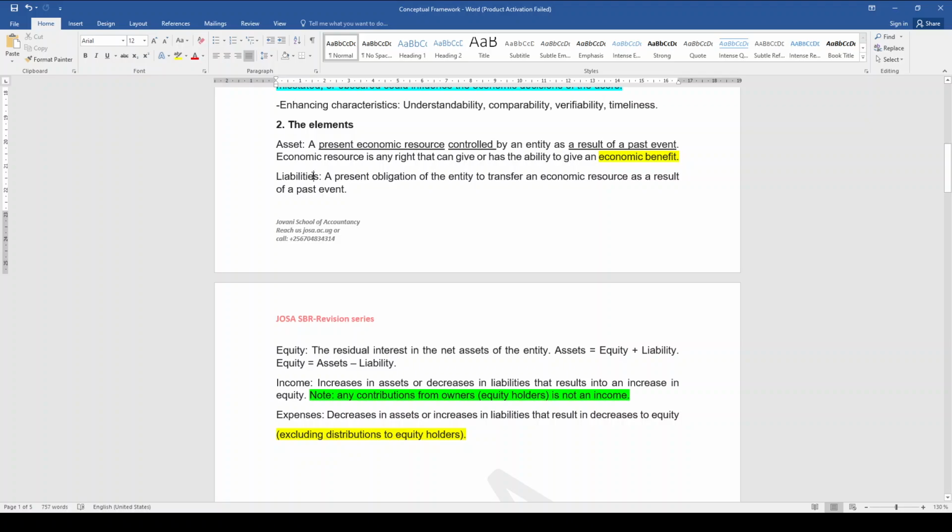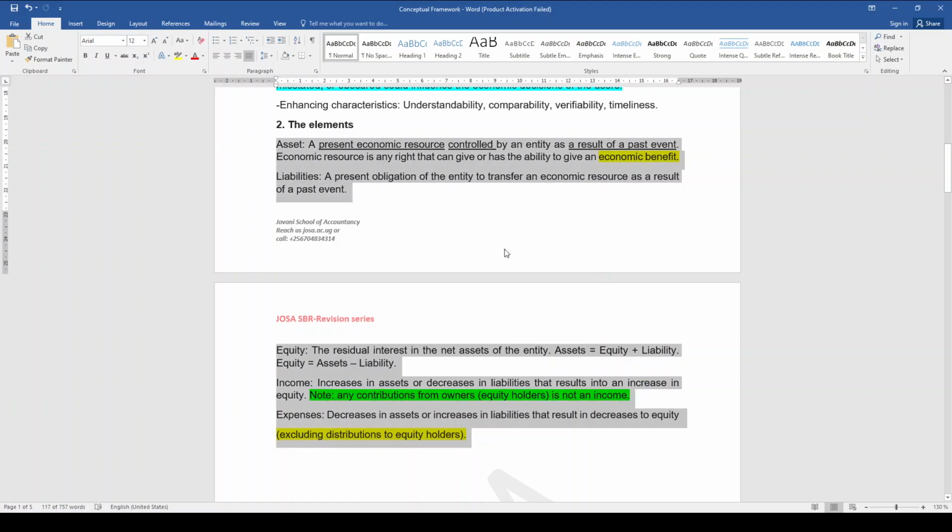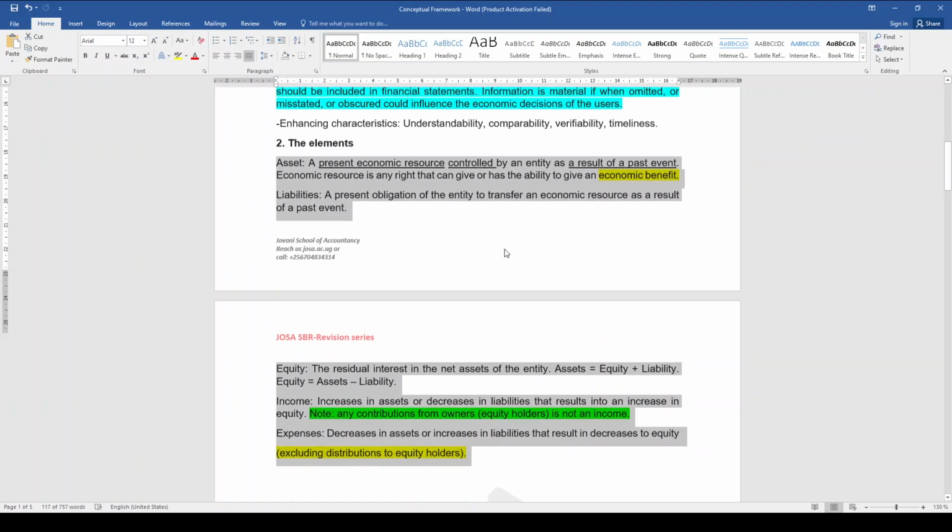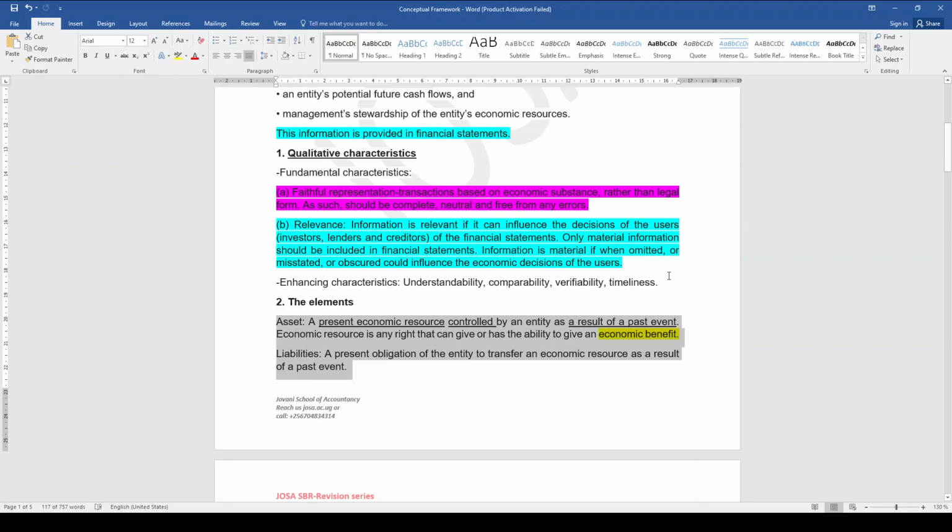Then after that, you have to ensure that even though the transaction meets the definition of the elements, it also passes the requirements of the qualitative characteristics. Is this information going to provide relevant information once recognized in the financial statements?